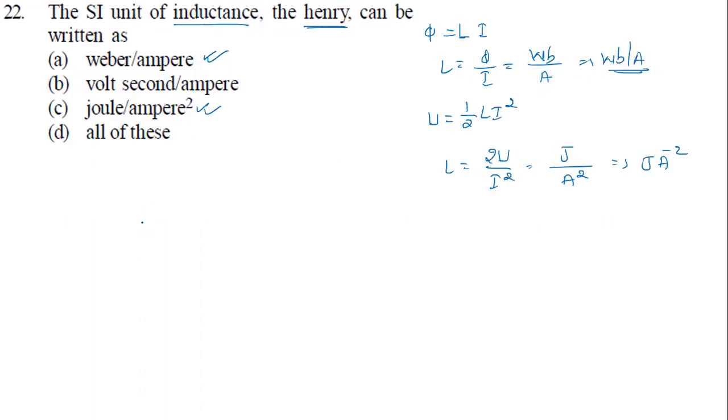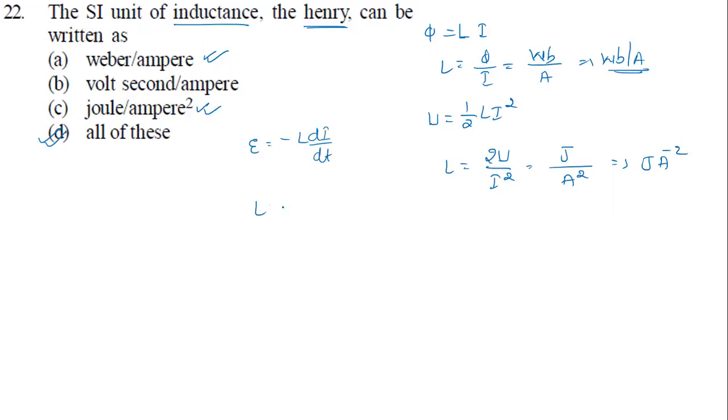See here, by guessing two things, you can write the answer now. What is the right answer? D is the right answer, because in the given question you need to select only one option. Here we already got two answers, and the last option is given as all of these. So B must be there. How can we get B? Simple thing: what is the formula for induced EMF? E equal to minus L times di by dt, right?